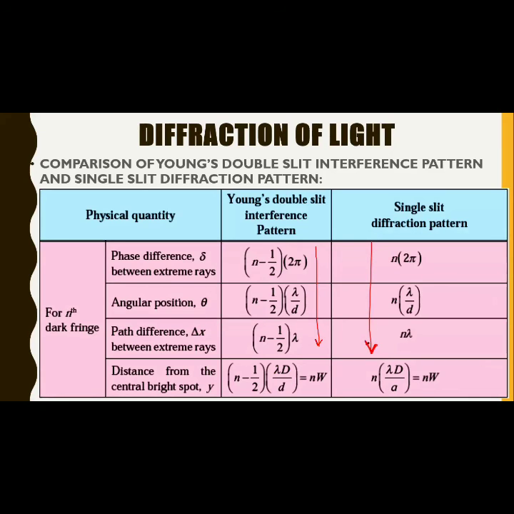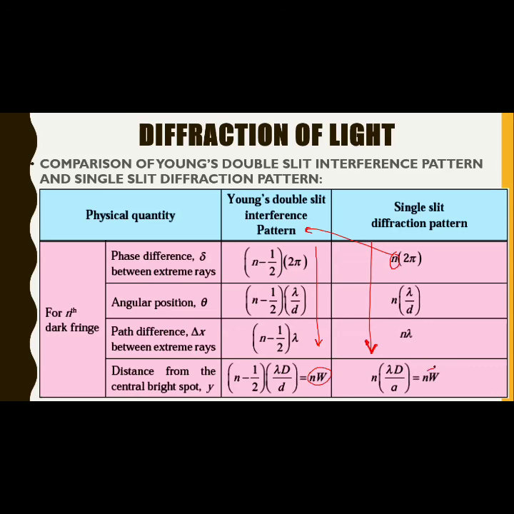If you consider the diffraction formulae and substitute all the n's with n minus half, you will be able to get the formulae for the interference pattern. Once again, except over here.